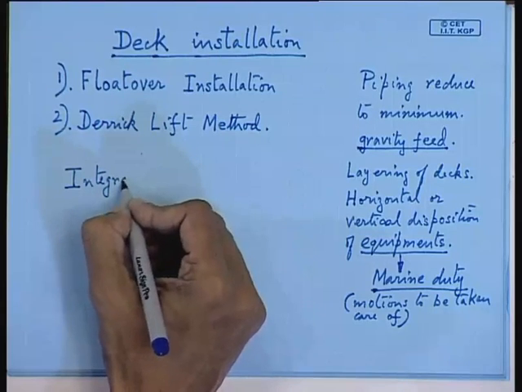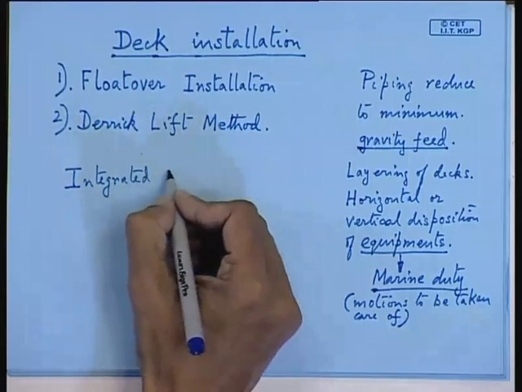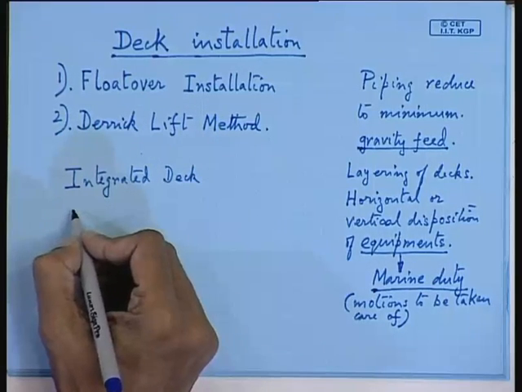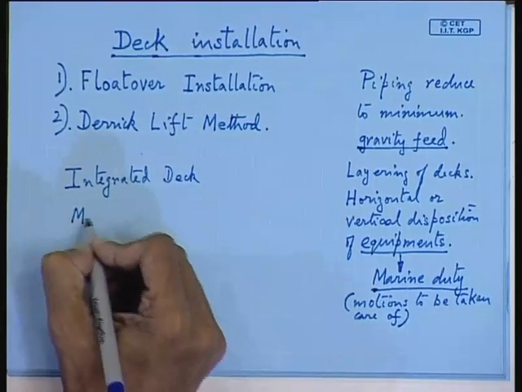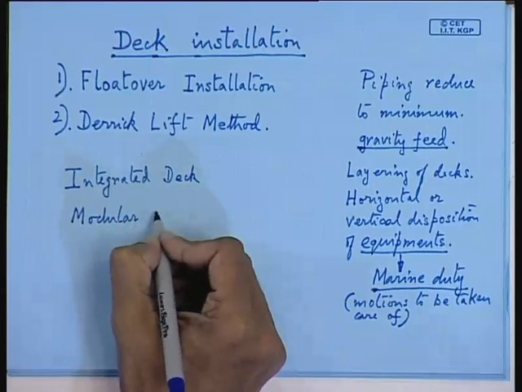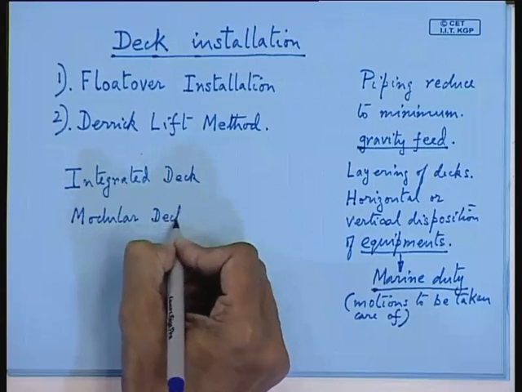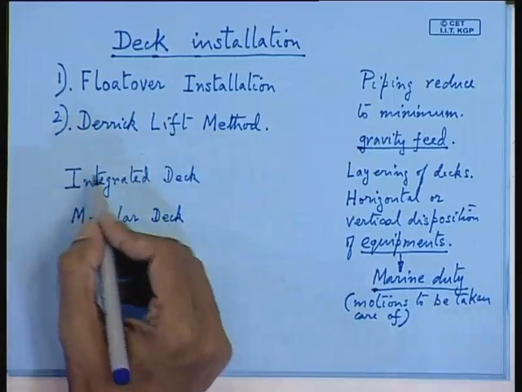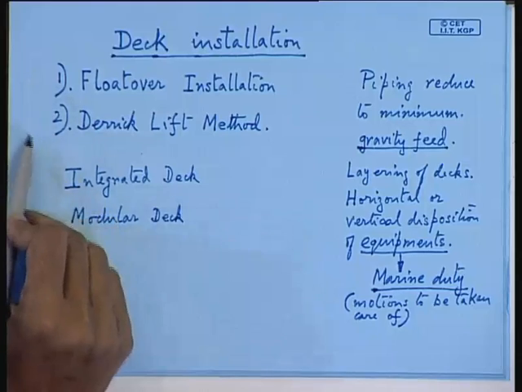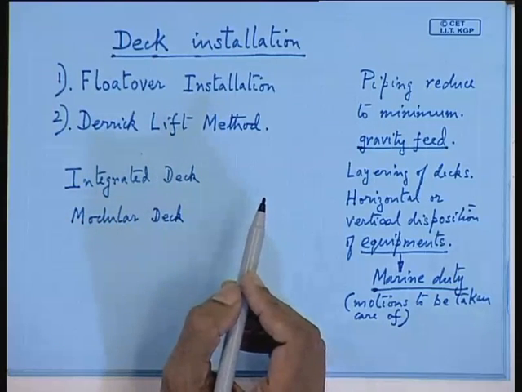Have I talked about this? Integrated deck, as opposed to another type of deck which is called modular deck, isn't it? Now, next, these two categories are going to decide whether you go for a floatover installation or a derrick lift installation.